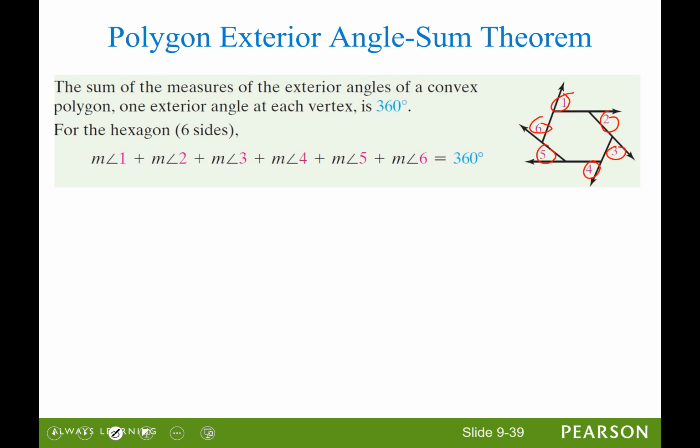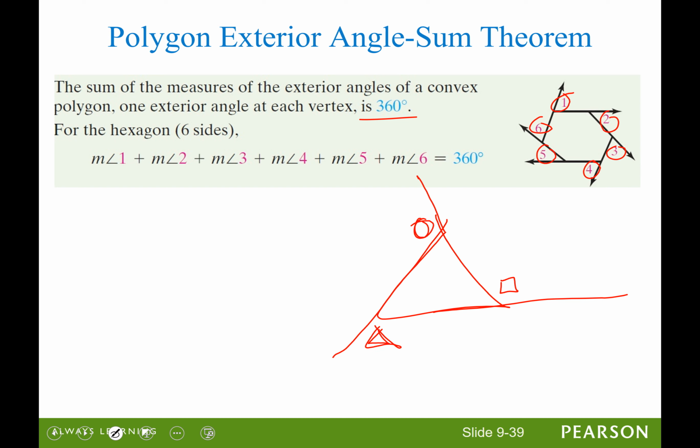And it's not dependent on the number of sides, okay? It's just 360. For example, let's take a triangle. Let's do one exterior angle here. Extend this side for another exterior angle. And extend this side for our third exterior angle. So if you add the measures of this angle, this angle, and this angle together, it'll equal 360 degrees.